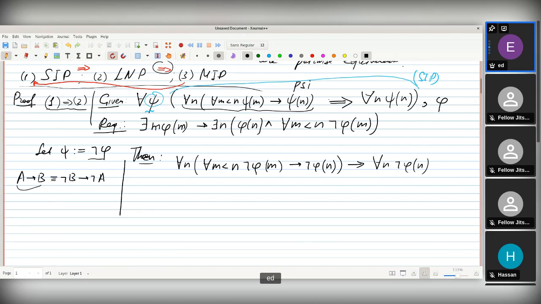This one is false if and only if A takes 1, but B takes 0. And when is that one false? When not B takes 1, that is B takes 0, and not A takes 0, that is A takes 1. They are equivalent, they are false simultaneously, hence they are true simultaneously as well. Is it clear?